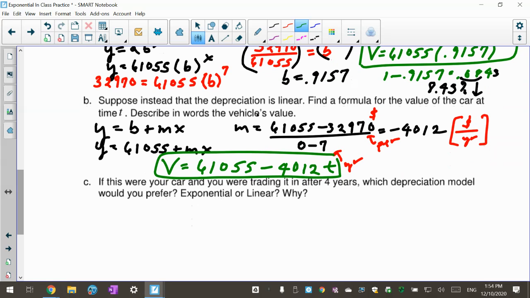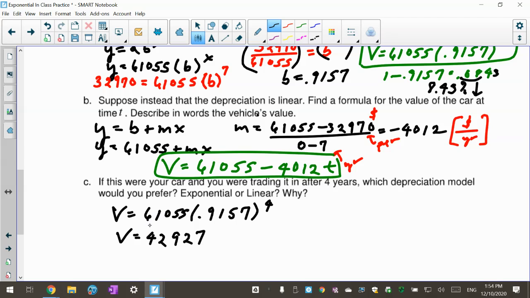If I ask you something like that, I want you to actually take the formulas and plug the 4 in. So we're going to do the exponential one, 61,055 times 0.9157 to the fourth. When I do that, I get the value to be 42,927. So that's the value of that car after 4 years.